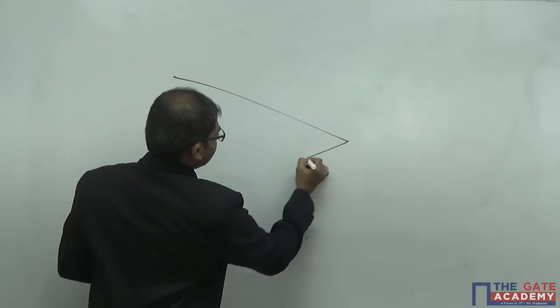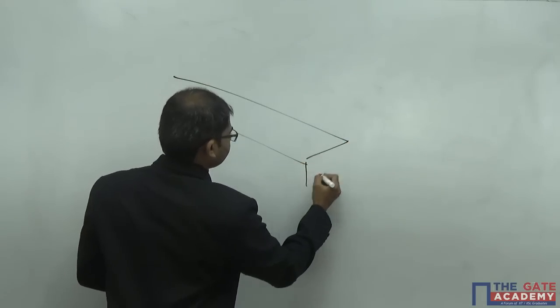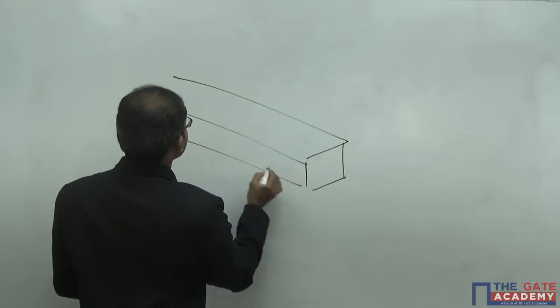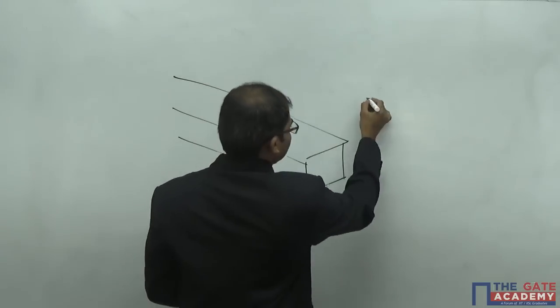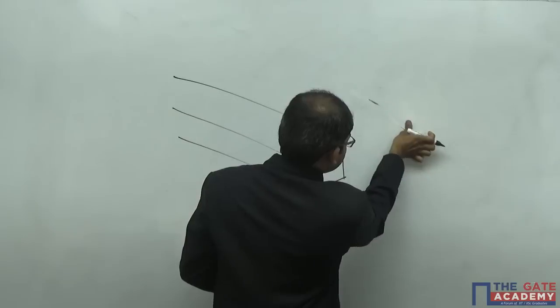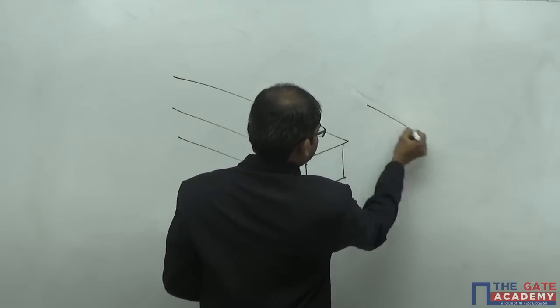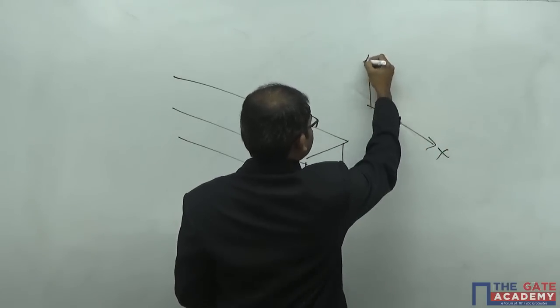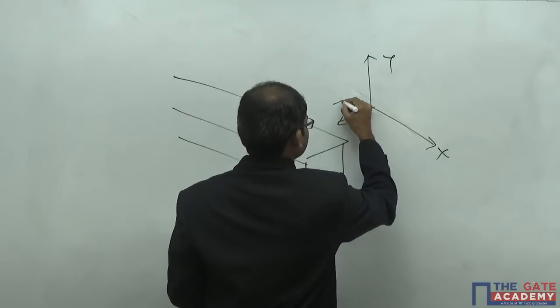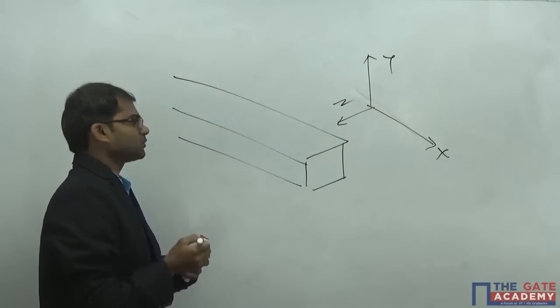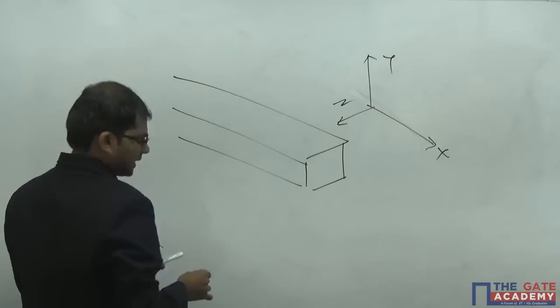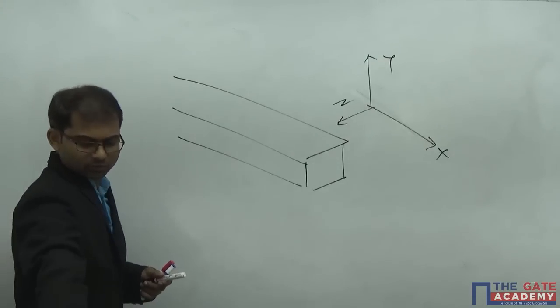If you take a beam like this, which is experiencing loads and bending moment, you take a coordinate system like this. This is the x-axis, this is the y-axis, and this is the z-axis. Now let's slice this beam into two parts.